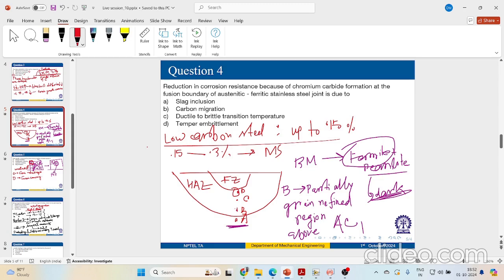Okay, fine. Next, let us go to different kinds of cracking tendency. The cooling rate that will be experienced by your weld metal and your heat affected zone during welding, if it exceeds the critical cooling rate, that will increase the chance of martensitic transformation.